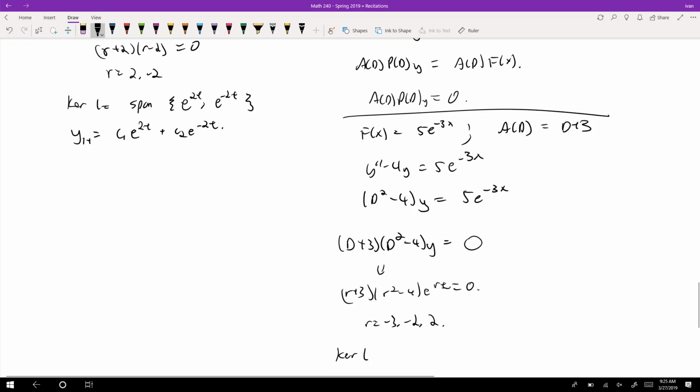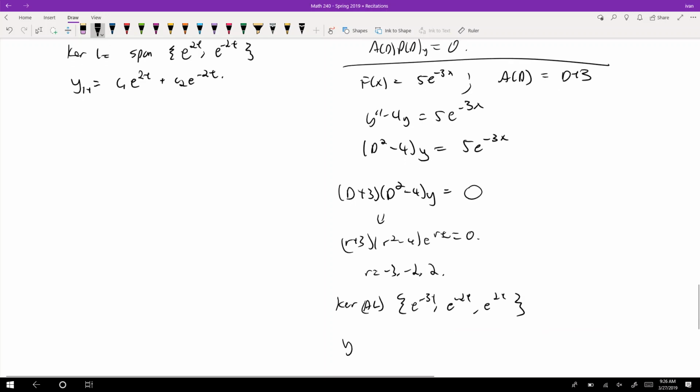Well, this isn't the kernel of L. This is the kernel of A times L, which is now e to the negative 3t, e to the negative 2t, e to the 2t. And so we'll say y is equal to c1 e to the 2t plus c2 e to the negative 2t plus c3 e to the negative 3t. A linear combination of the kernel elements.